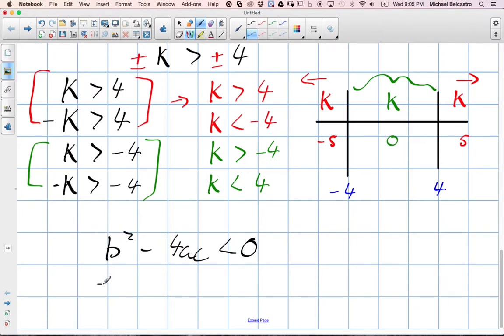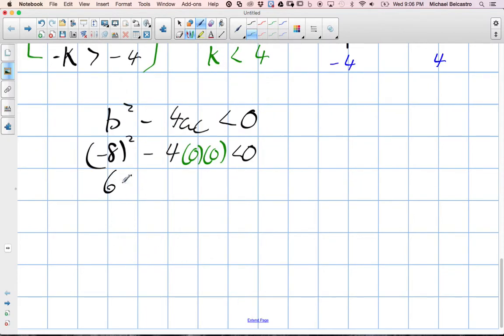Our b was negative 8, so we have negative 8 squared minus, k represented a and c, so that's 4 times, I'm going to use the green one to start, 0 and 0. And it needs to be less than 0. So we get 64 minus, and what's 0 times 0? 0. Times 4? 0. So we get 64 is less than 0.